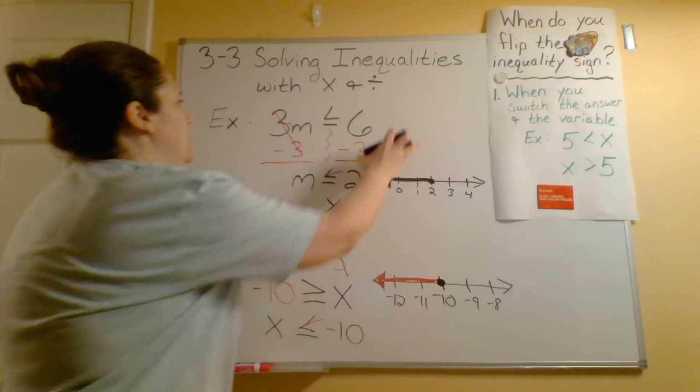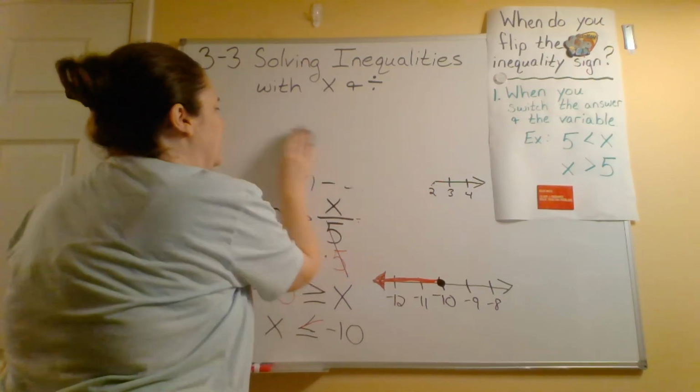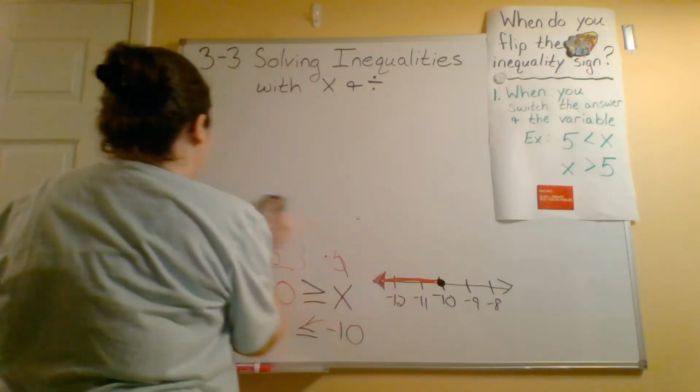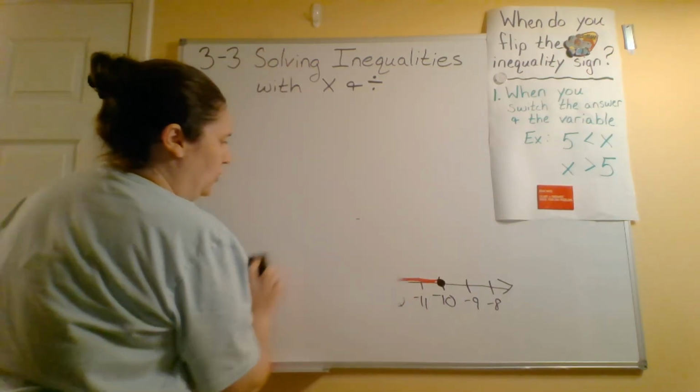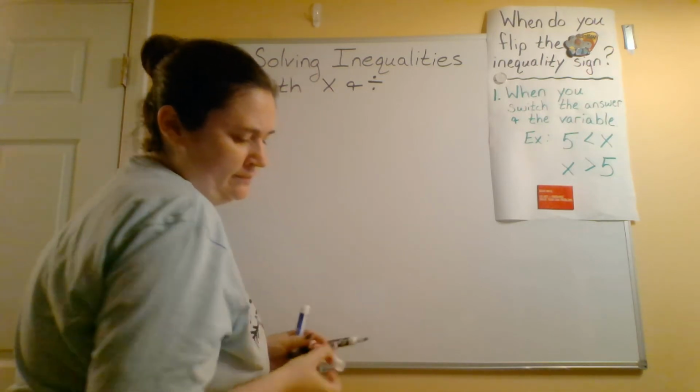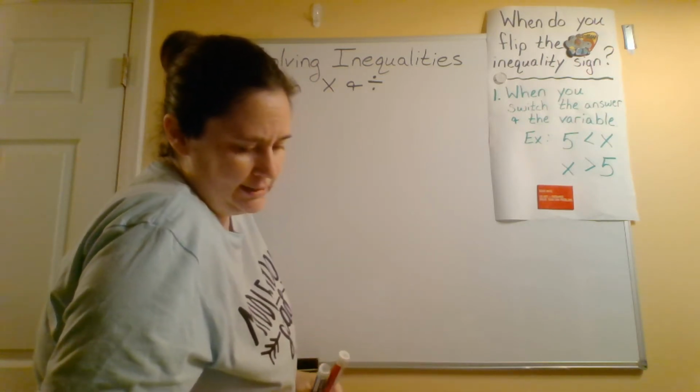Let's try another one. Let's do one more regular one, and then I'm going to blow your minds with a brand new rule. Let's do one more normal one first. Let's see here.